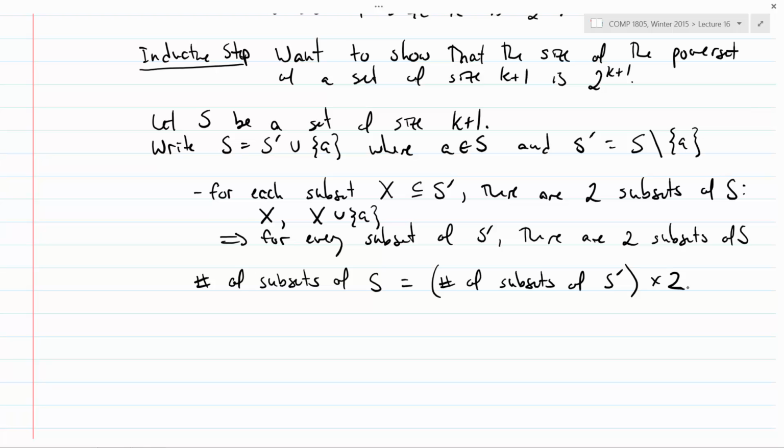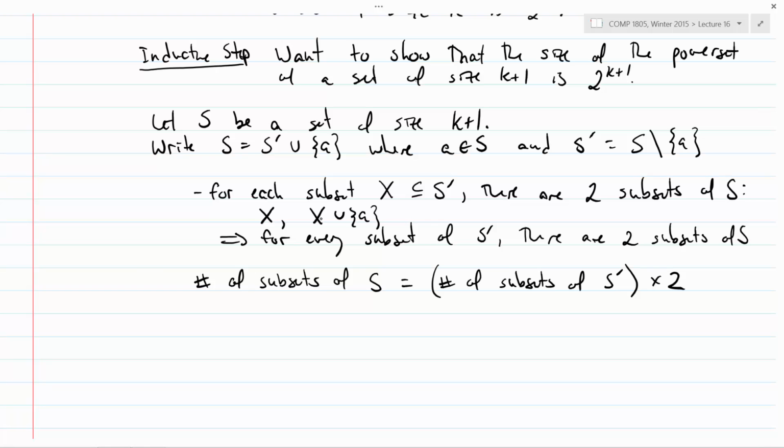We haven't missed the empty set because remember, X here could be the empty set, and X is also a subset of S. The set itself will be when X is S prime itself, and then you have S prime union A, which is exactly S. The set just consisting of A is when X is the empty set, and I look at this subset there. So in fact, I'm not missing anything.